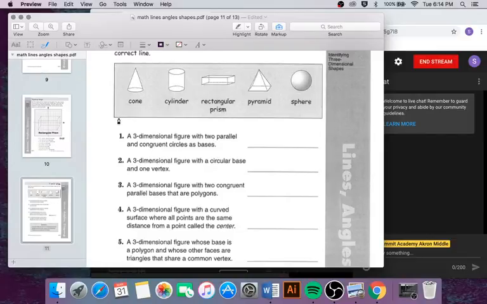Parallel would mean circles that never intersect, so one would be up here and one would be down here. Those are parallel. They never intersect. So the only shape up here that has 2 circles would be our cylinder. The top face and the bottom face are both circles and they will never intersect. So number 1 would be a cylinder.